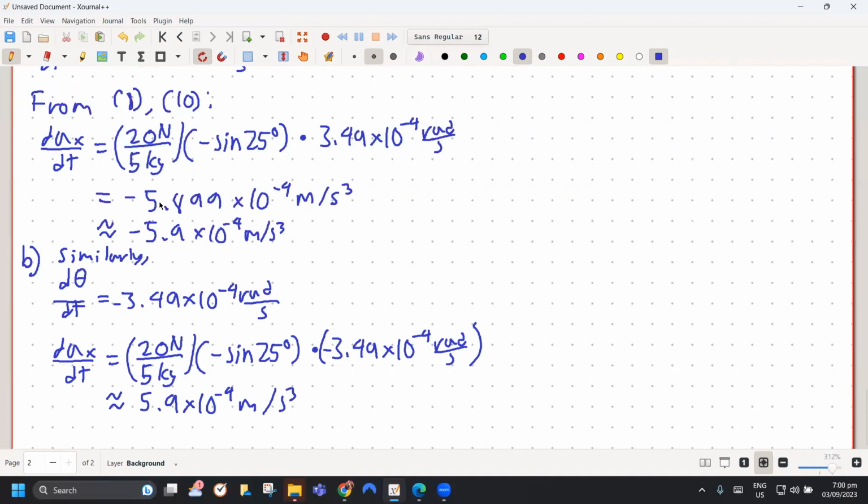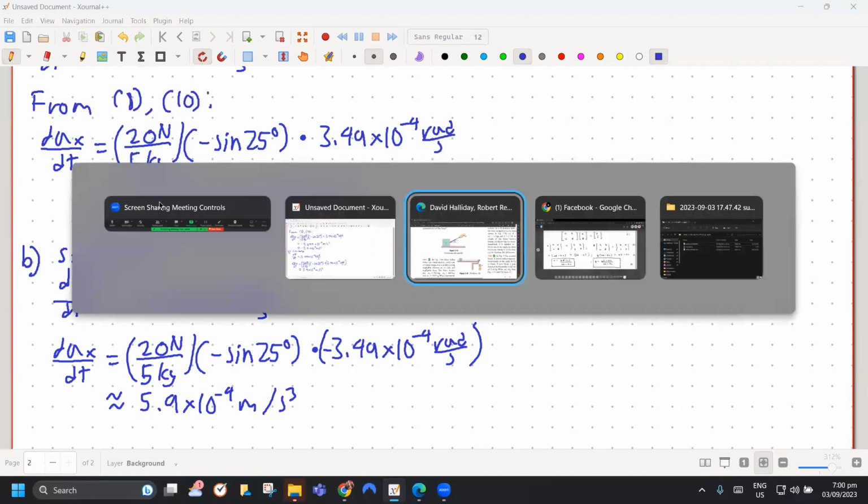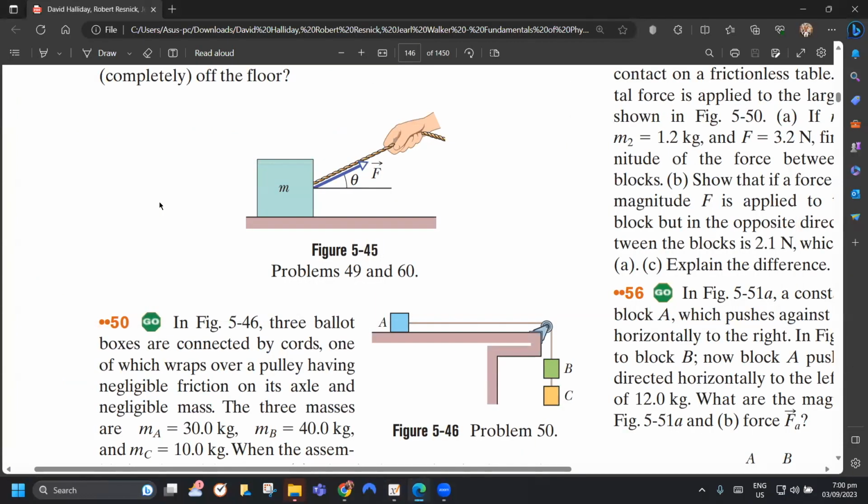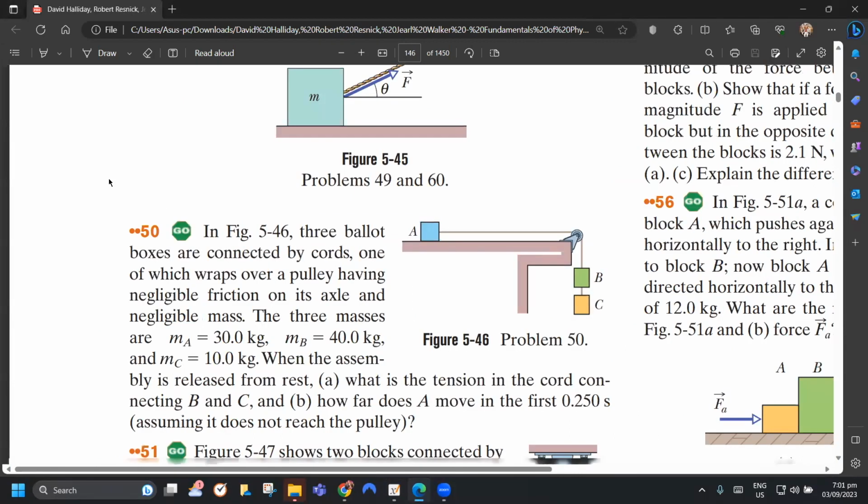Okay. So before we move on, what does the negative mean? For letter A, dA_x/dt is negative. What does that mean? It means it's slowly decelerating. No, not really decelerating in the common sense. It's not accelerating less.